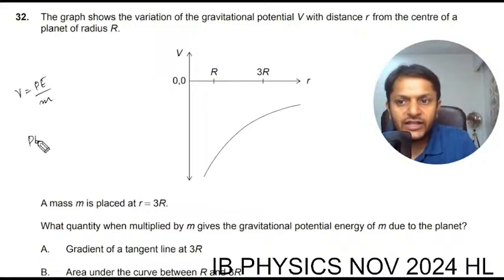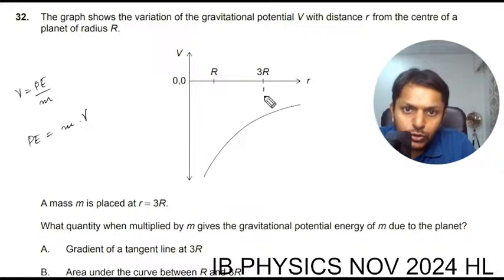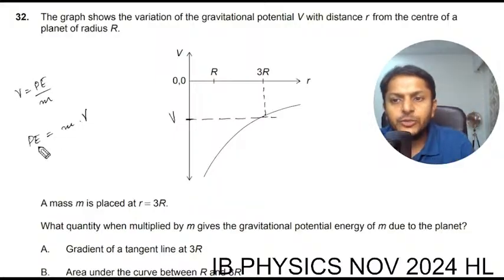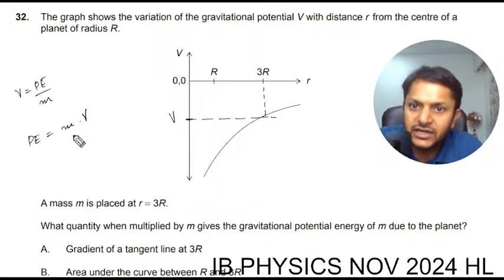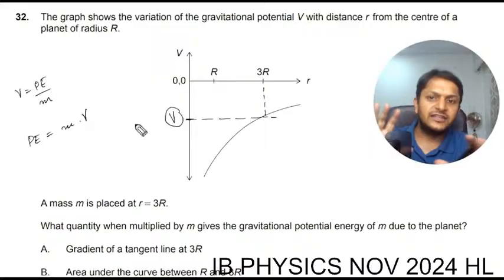So you want to find the potential energy, so mass has to be multiplied by the potential at that point. So if you talk about this 3r here, this is the potential at that point 3r. So the potential energy will be m times V. So you find V here and you multiply with the m, so you would be finding the potential energy. I think that gives our answer.